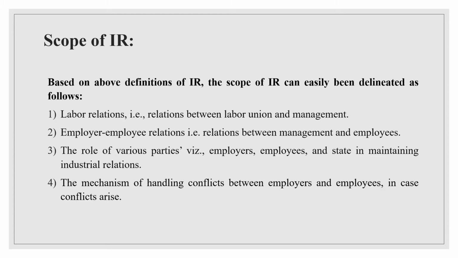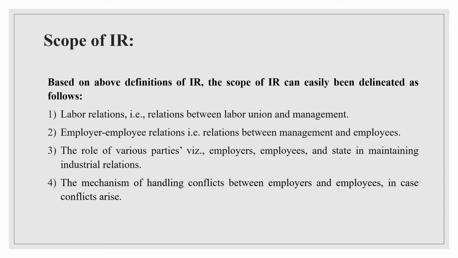Next one is the employer and employee relationship. Another scope of IR is that the employer and employee have a certain type of relationship that should also be very smooth. The third one is the role of the various parties, employers, employees, and the state, in maintaining industrial relations. So IR has three different parties.